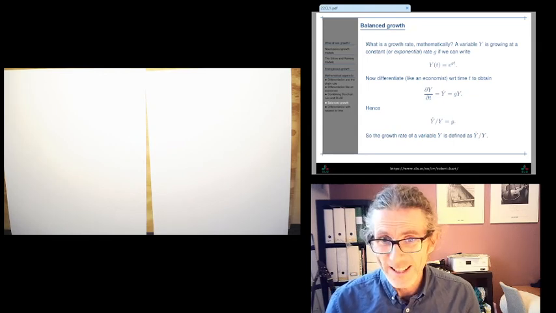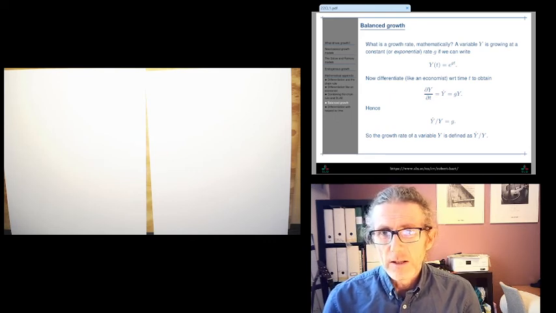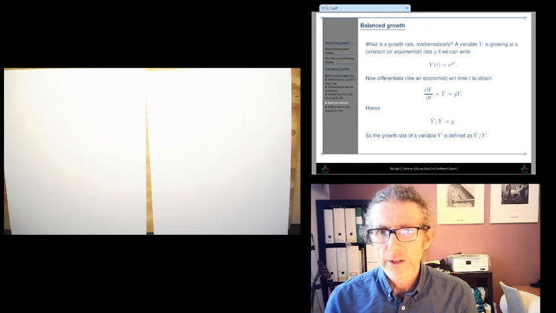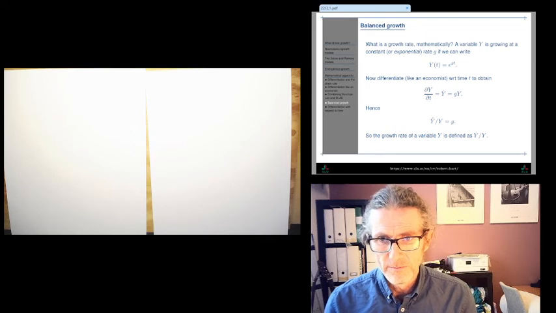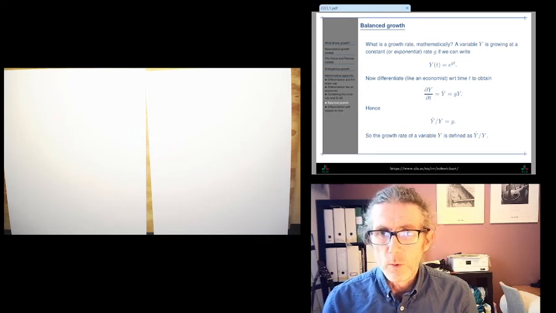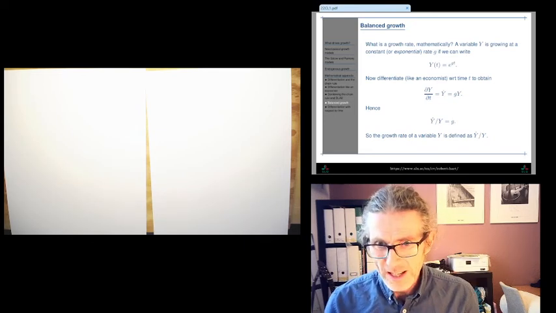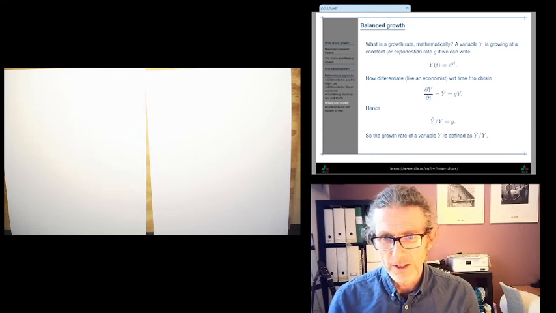To get another definition, let's differentiate that. Differentiating an exponential, dy/dt, just a bit of notation, we call y dot. Y with a dot on top. And what is y dot? It's g e to the gt, isn't it? I hope we all know how to differentiate an exponential.